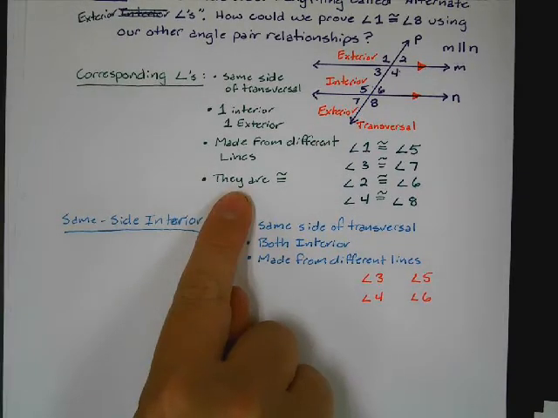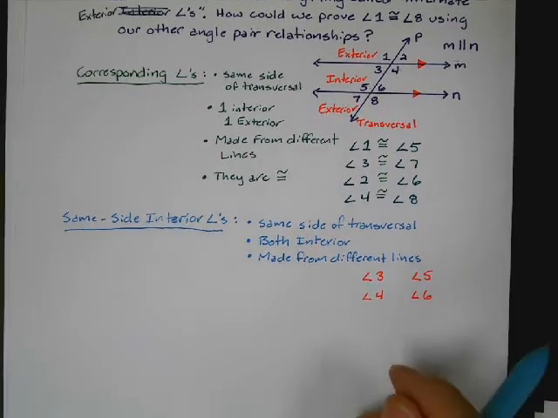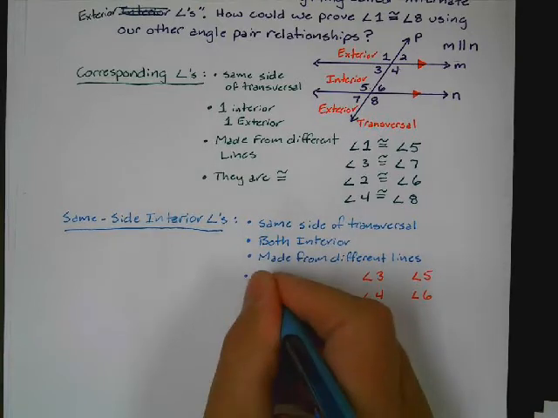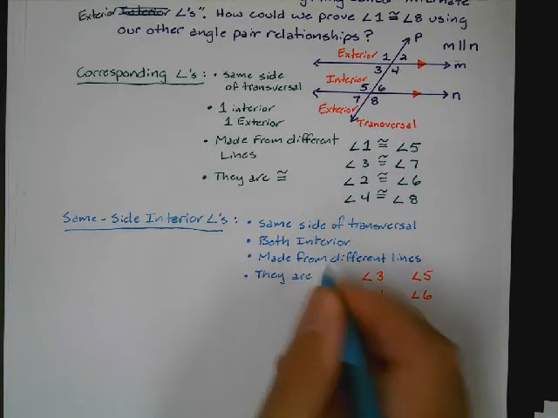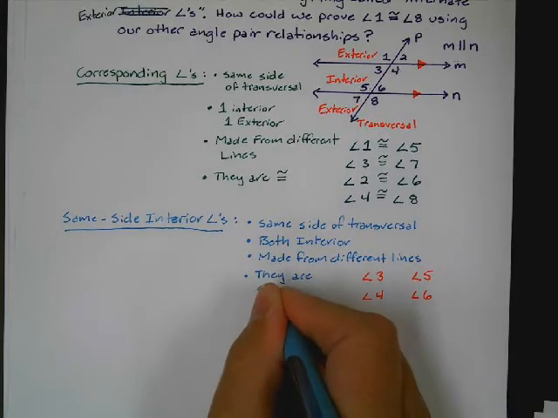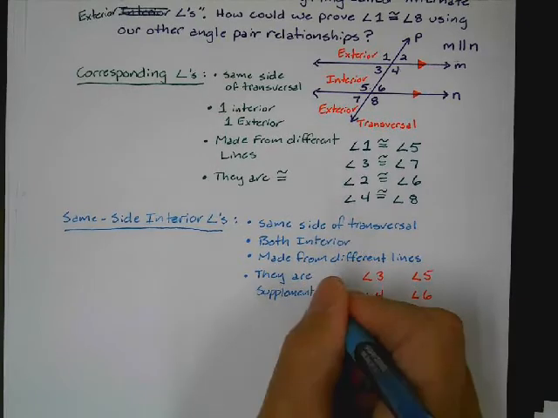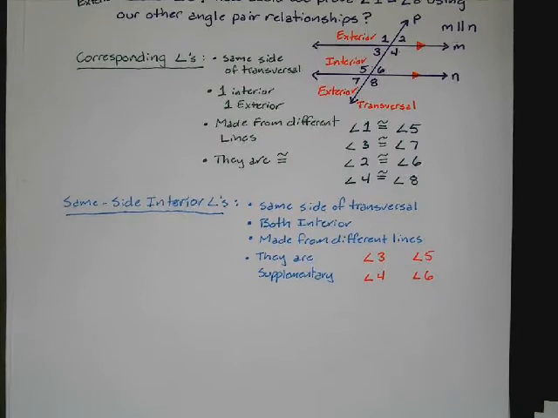So this one said they're congruent. These ones instead are supplementary. And we found out last time that supplementary means that they add up to 180 degrees.